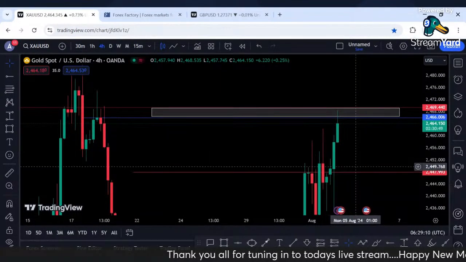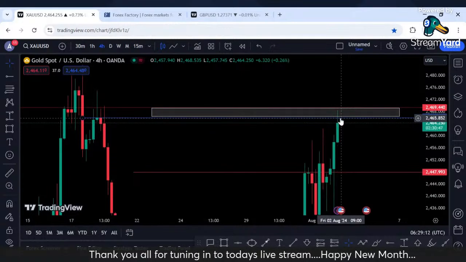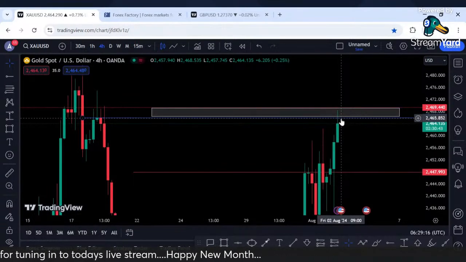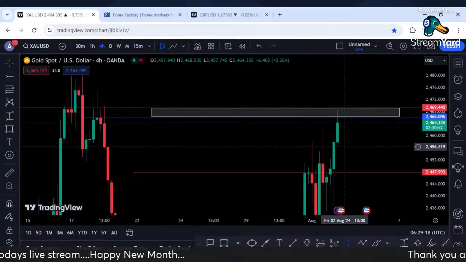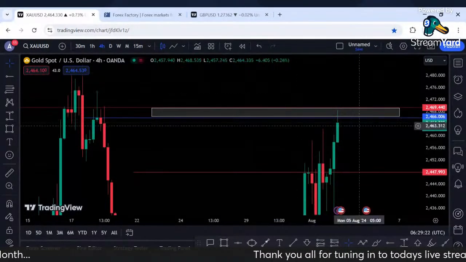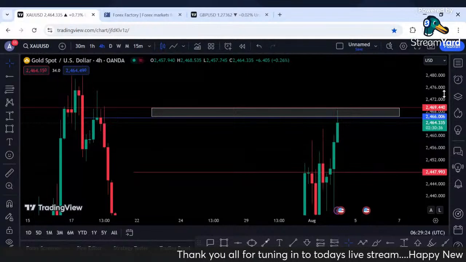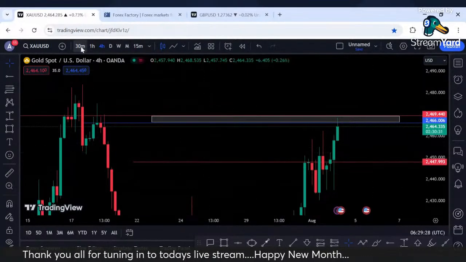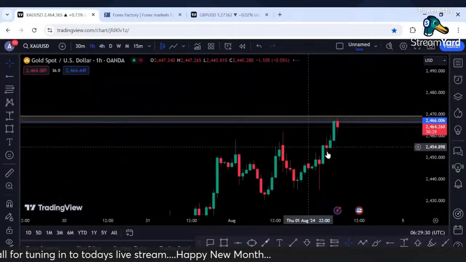Sometimes it might go in your favor, as I said earlier, it might be beginner's luck. It might go in your favor, fine, but in the long run, are you going to be profitable doing those things? That's the most important thing. So do things that are going to make you profitable in the long run.